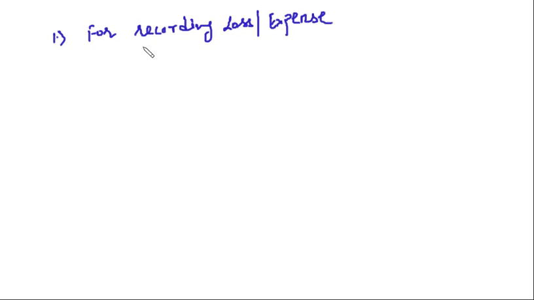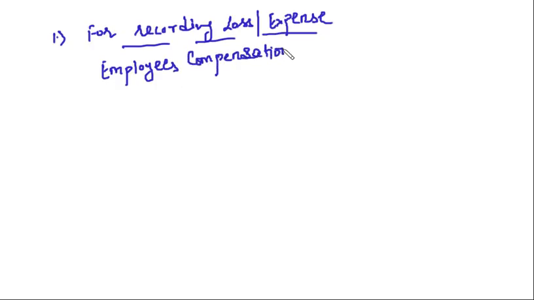Now, coming to the journal entries. What will be the journal entry for the record of loss? Number 1 will be for recording loss or expense. For recording loss or expense, we say employees compensation expense account debit, that is, it is for the employees benefit.